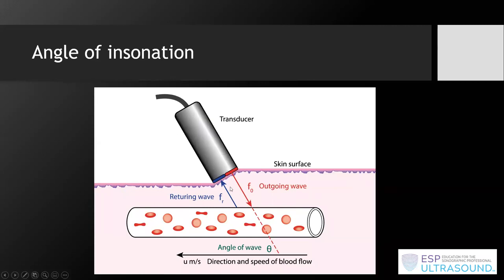You're in that apical 4-chamber view, and you're trying to angle to match up with the direction and the orientation of the heart. But very often you'll be off angle, and so the red blood cells are passing this way. They still have a net vector towards or away from the probe, but the difference in the frequency is not going to truly represent the speed of the red blood cell, because there's this angle that you have to account for.